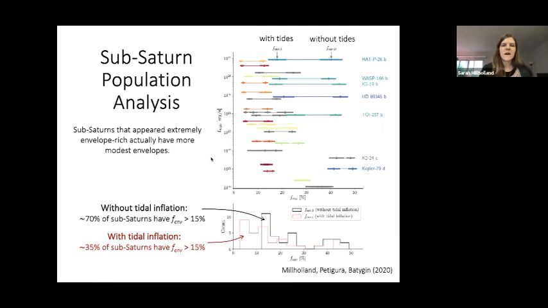And so many of these planets that were previously close to this threshold of runaway seem to have much more modest envelopes when we account for tides. And a big takeaway from this also was that many of these sub-Saturns might just simply be sub-Neptunes that have been inflated rather than a separate group of planets.